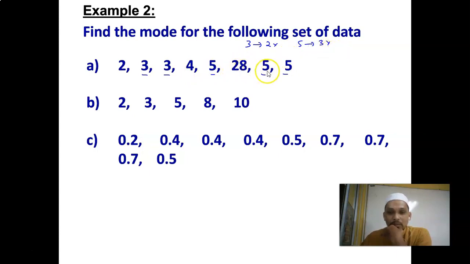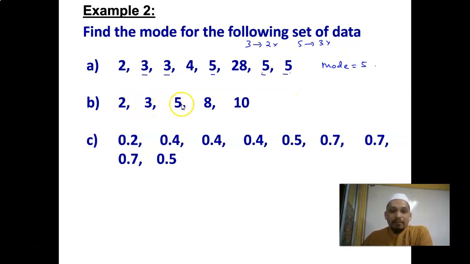So then, which number appears most? We call it the highest appearance here. It is 5, which is 1, 2, 3. 3 appears twice only. Okay, so then the mode is equal to 5.